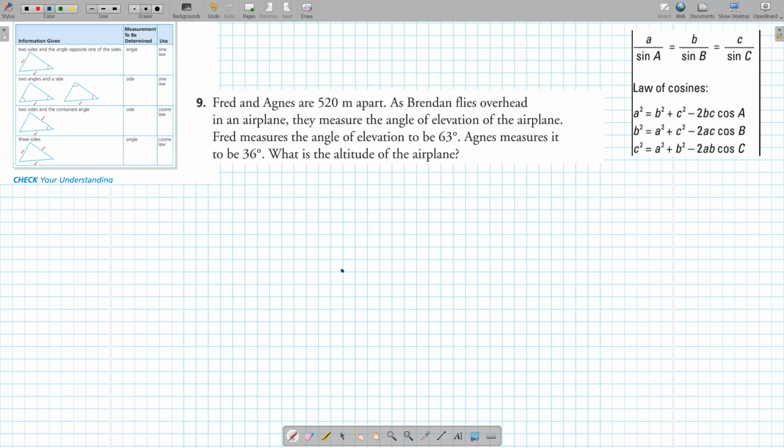Here's Fred, here's Agnes, and they are 520 meters apart. Brendan flies overhead in an airplane, and they measure the angle of elevation. So now the question to you: is the angle of elevation the angle on the outside or the angle on the inside?